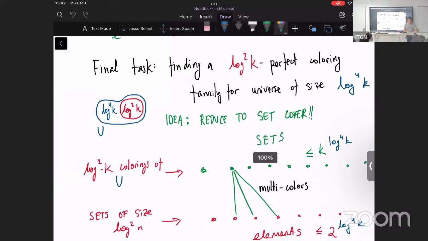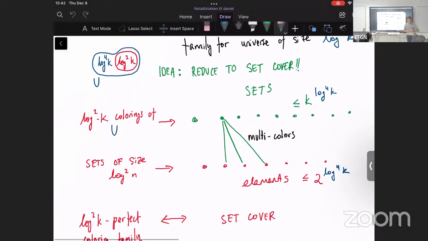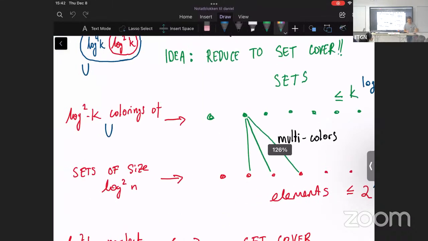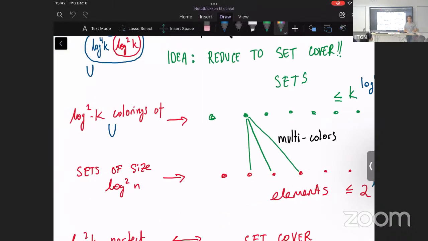In particular, I'm going to take the sets that I'm trying to color. They are going to now turn into elements. Oh, this is the crazy part. Okay, so I have a universe of size log to the 4th k. And in it, I have sets of size log square k. So for every set of size log square k from my universe, I have an element.